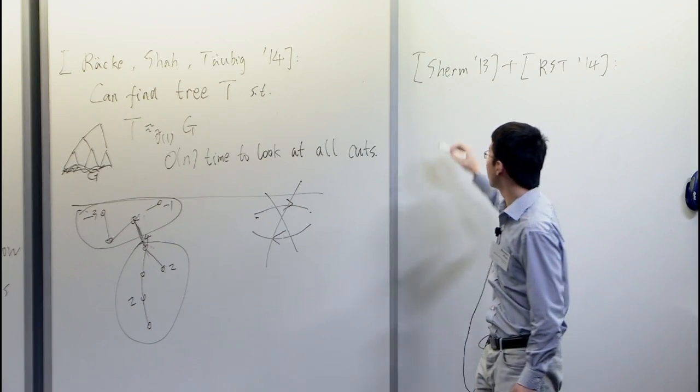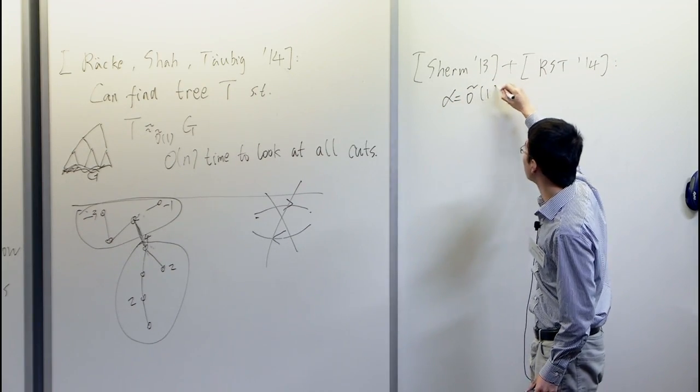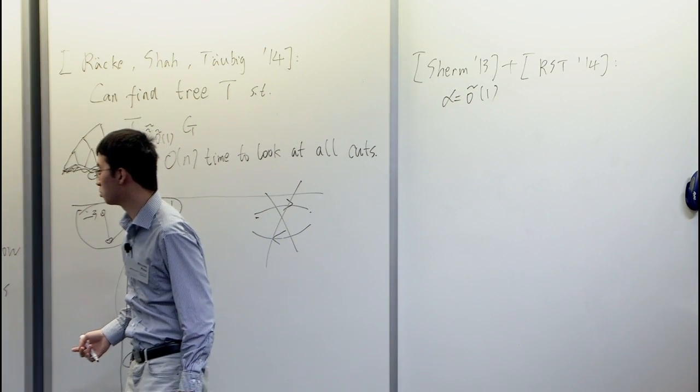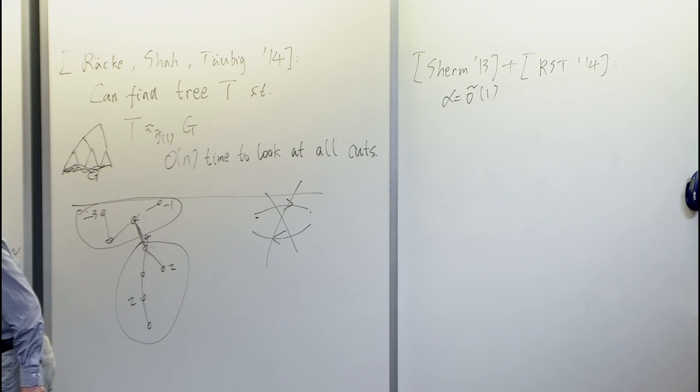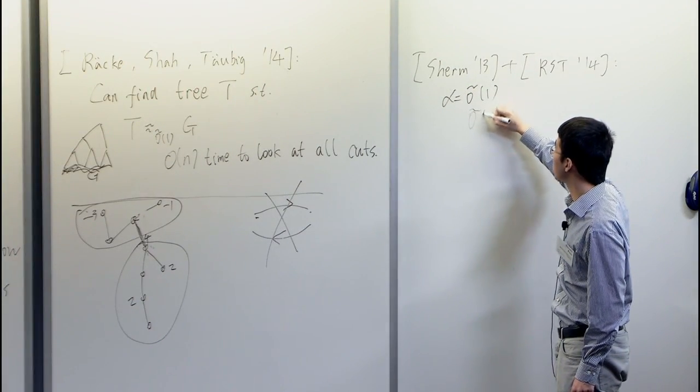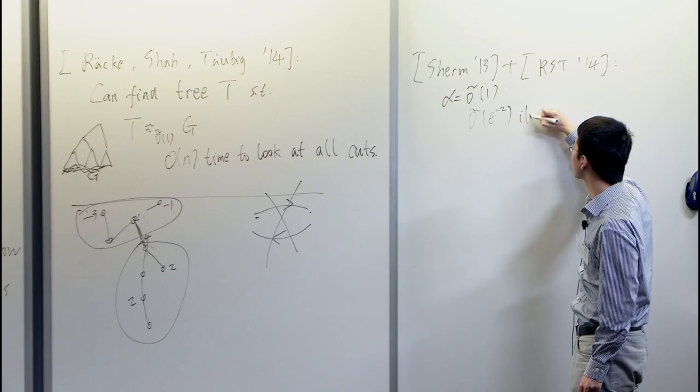What I get is that alpha is O tilde 1, so polylog n. Substituting that alpha into this factor, it's just a polylog n factor. So what I get by combining these two algorithms is O tilde epsilon to the -2 iterations.